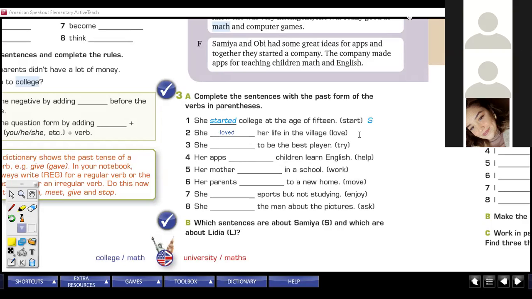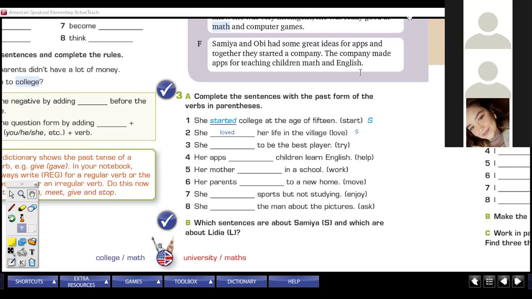So is this about Samia or Lydia? I think it's about Samia. Yes, it is.